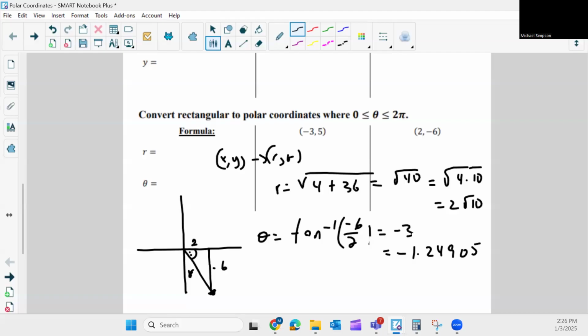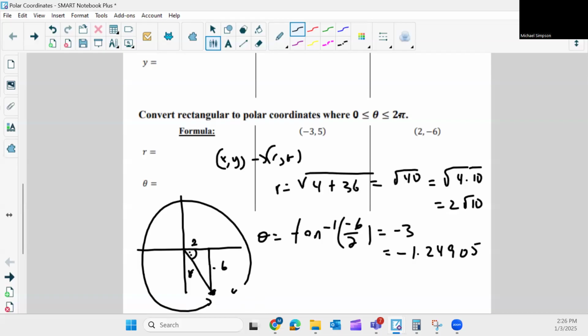No, because it says that the angle must be between 0 and 2 pi. This is a negative angle, right? That's not what we want. So to find this angle now, if I go around the circle and add 2 pi to it, that's going to give me the angle I want.